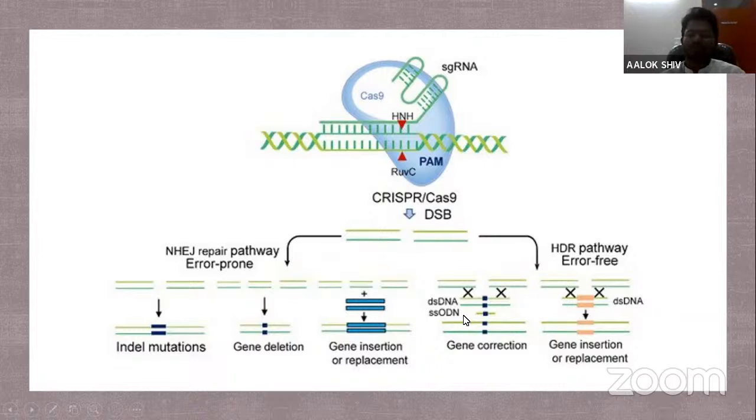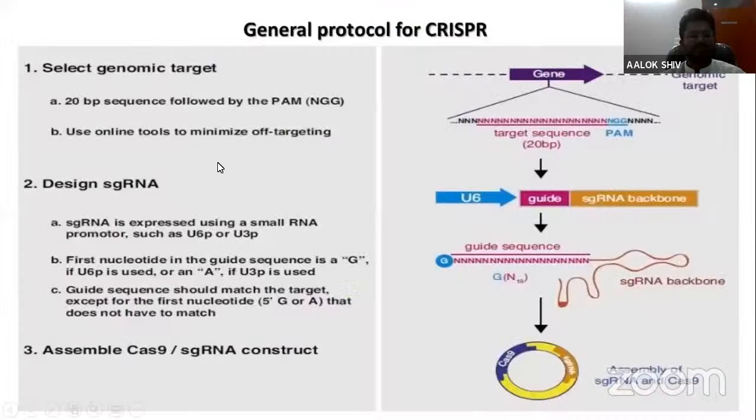If we just simply want to knock out a particular gene, then NHEJ is important. But if we want to add a particular gene of interest in the genome, then we have to go for homology dependent recombination. So this is after creation of the double stranded break. This is in general the protocol of CRISPR-Cas9.